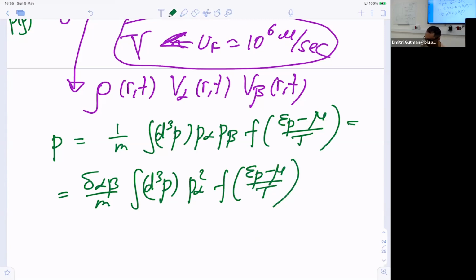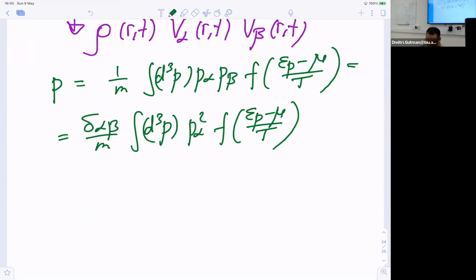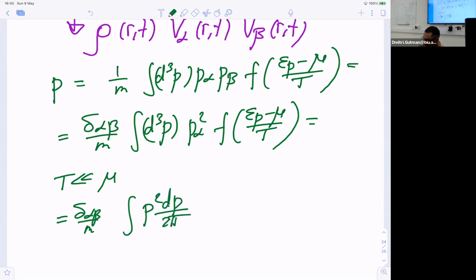Okay. Now let's look at the low temperature limit. So let's assume that temperature is also much smaller than chemical potential. Then what is this integral? It's an integral p squared dp over 2 pi, integral sine theta d theta over 2 pi, integral d phi over 2 pi.